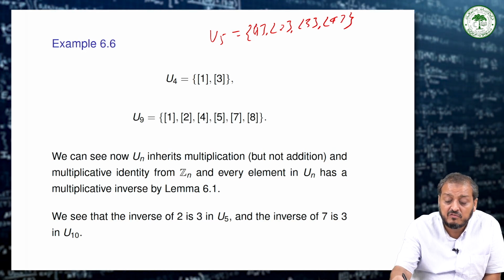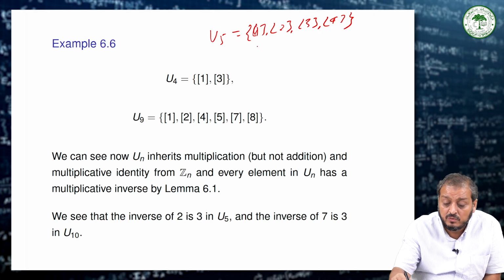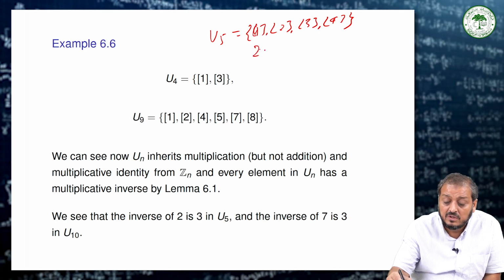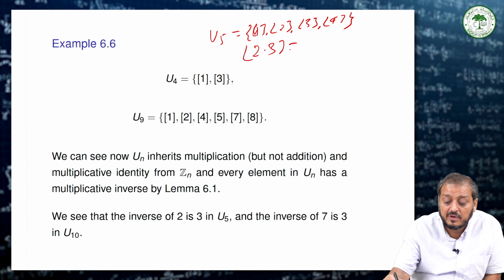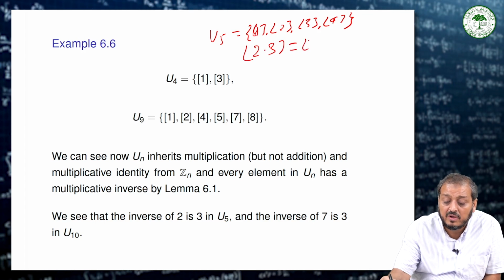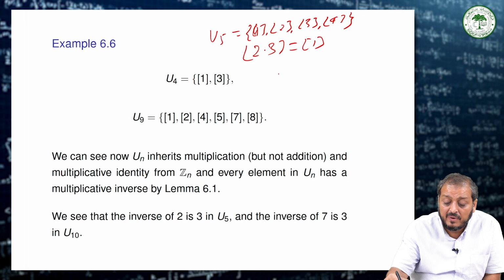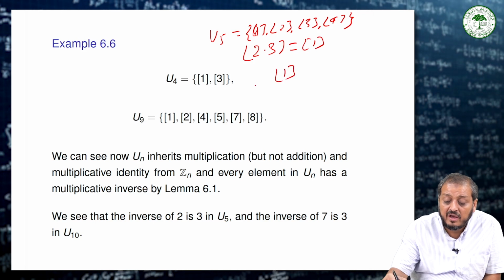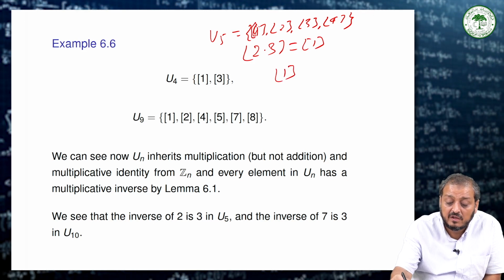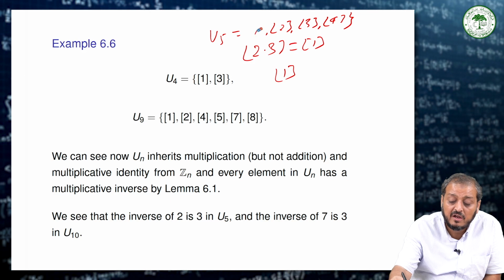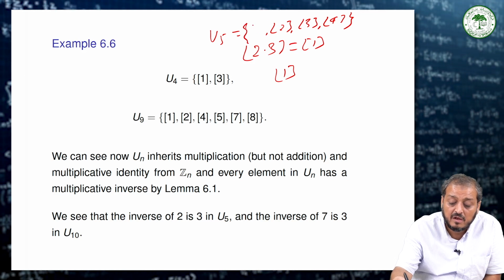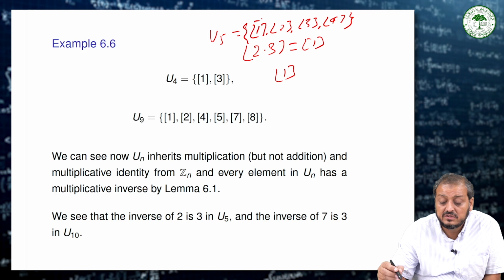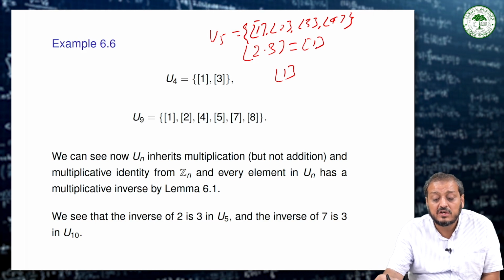If we take 2 times 3 under multiplication modulo 5, this is 6, which is equal to 1, the multiplicative identity. So 2 times 3 is equal to 1.